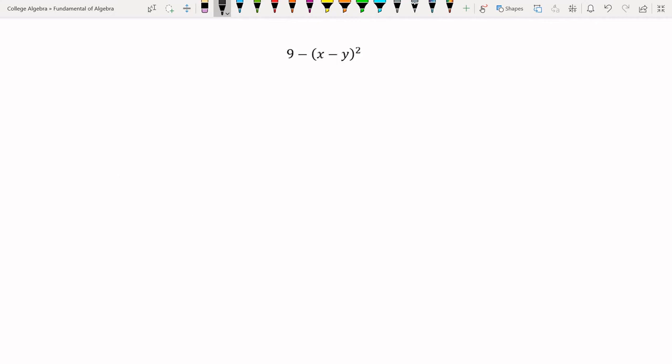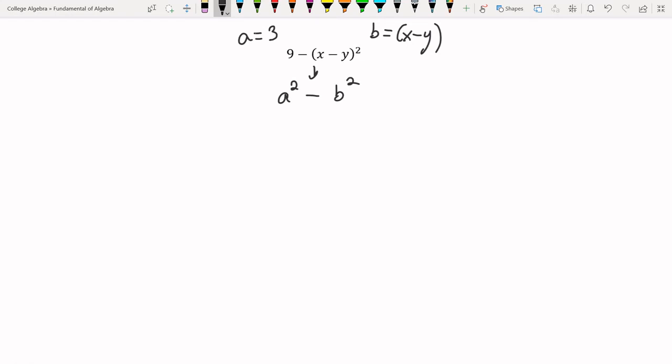Here we have a polynomial, and we could try to expand it and multiply out x minus y squared. But what you'll notice is that if we say a equals 3 and b equals x minus y, then this thing becomes a squared, 3 times 3 is 9, minus b squared.